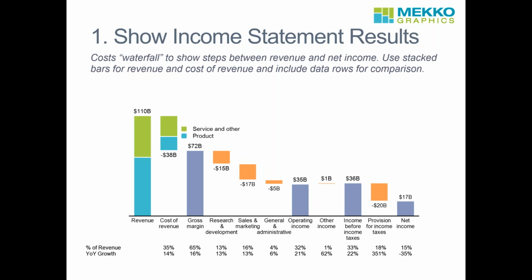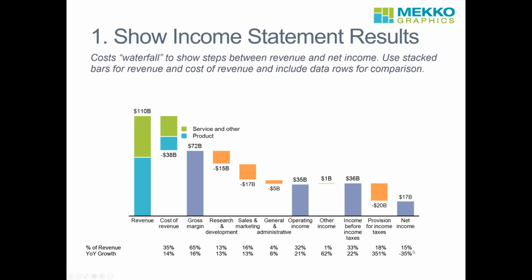Another thing to note on this chart is that we added a couple of data rows to the bottom of the chart. I like using data rows on many of my charts, especially on the cascade chart. We did a couple of things in the data row. One is we added percent of revenue, which just clarifies the magnitude of all of these cost items.